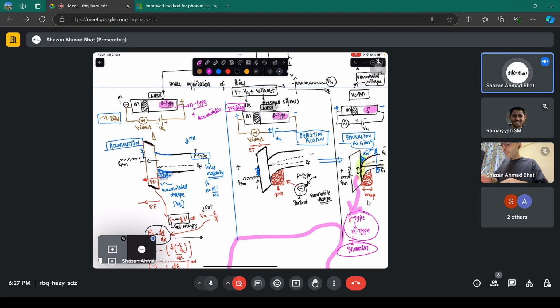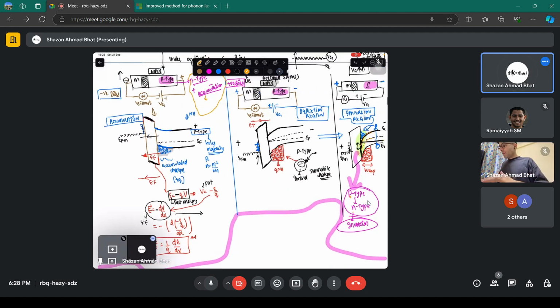And if it was n-type in the accumulation regime, there would have been electrons instead of holes at this place, and the bending would be opposite. That's it. For other scenarios, you have to accordingly change. So for the n-type, it's the inverse of the p-type. Whatever happens in the p-type, the opposite bending, the opposite charges get accumulated, the opposite charges get depleted, and so on.